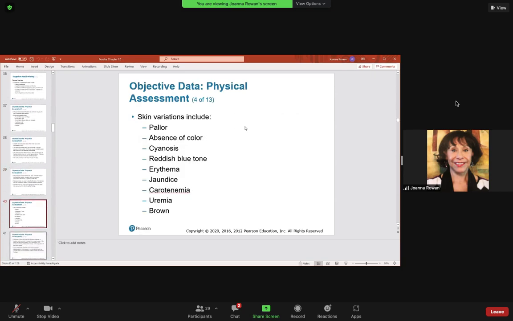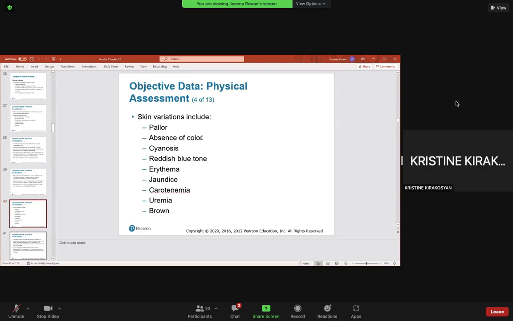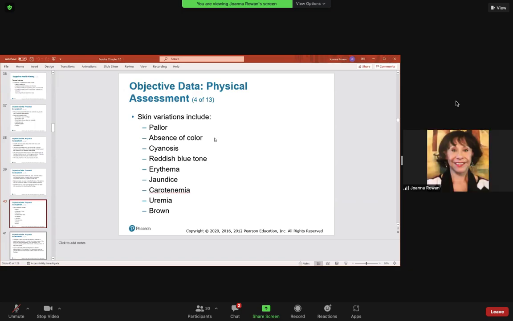When we do a physical assessment of the skin, we notice whether there is pallor. Pallor means the patient is a pale color. Absence of color is albinism; people who don't have any color in the skin are called albinos.